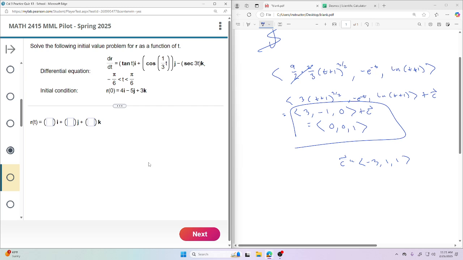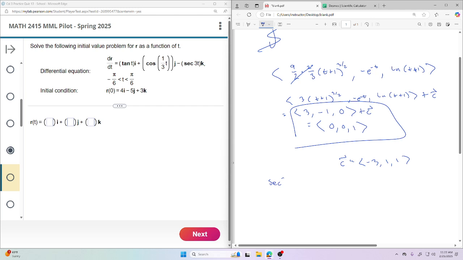Okay. Cool. This guy, integral of tangent. Is it secant squared? No. Yeah. Oh. Yeah. Okay. But isn't that the arc tangent? Hold on now.